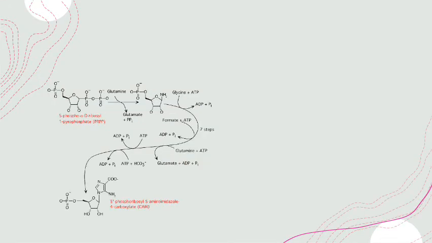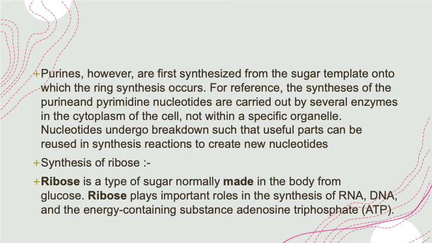This is explained a little bit better here in this chart, so you can follow along and see as we go through with that. We also want to keep in mind that purines, however, are first synthesized from the sugar template, onto which the ring occurs. So the synthesis of the purine and the pyrimidine nucleotides are carried out by several enzymes in the cytoplasm.